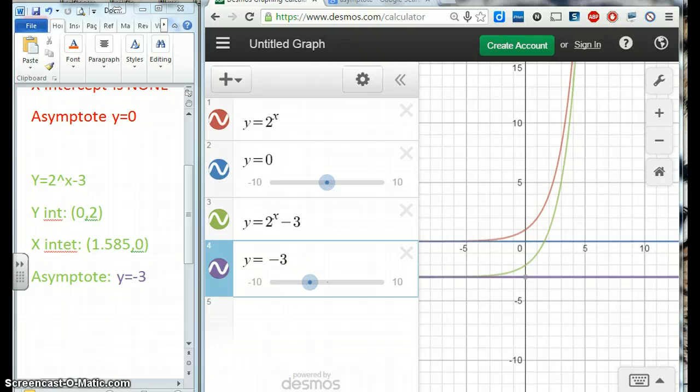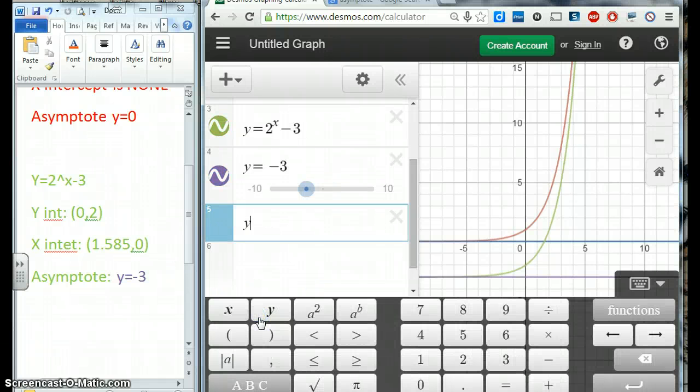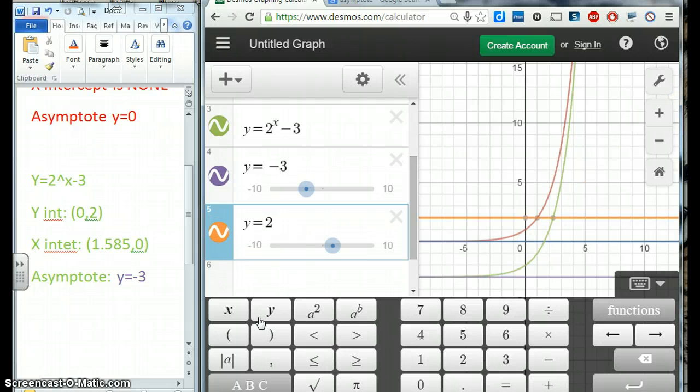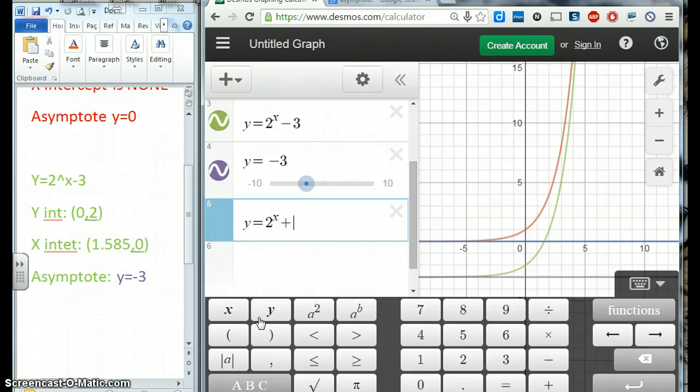Okay, guys, so we're going to do one more of the vertical translation. And this one we're going to put y equals 2 to the x power plus 2. Okay? And you see this one, this is the orange one.